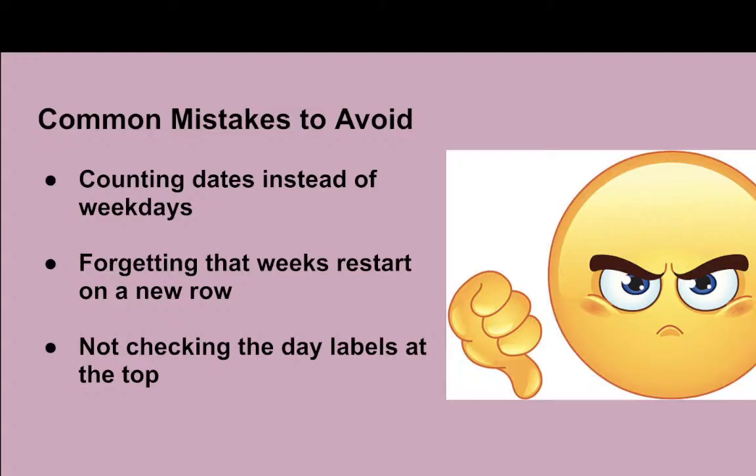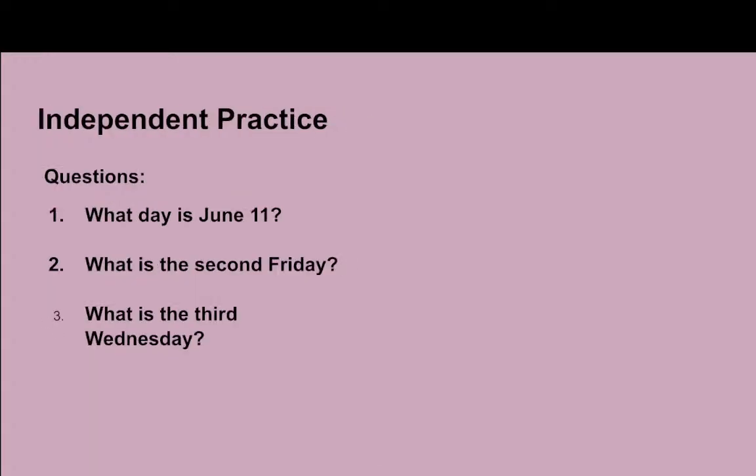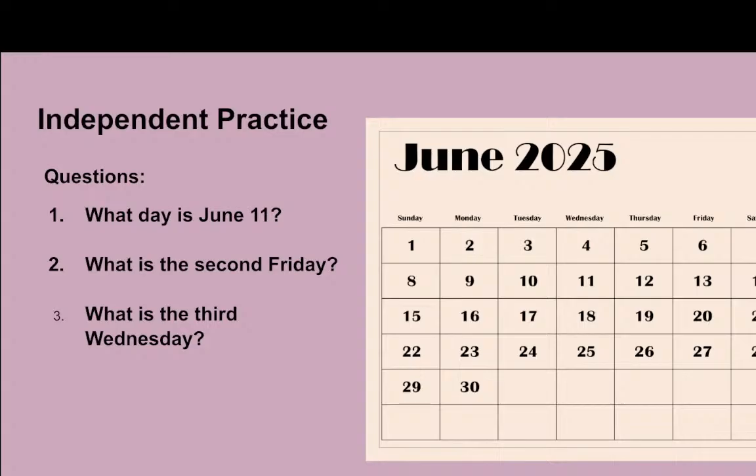Okay, let me move on to the next slide. So this is independent practice. What day is June 11th on the calendar? I'll give you a moment to think. It's on a Wednesday, right?